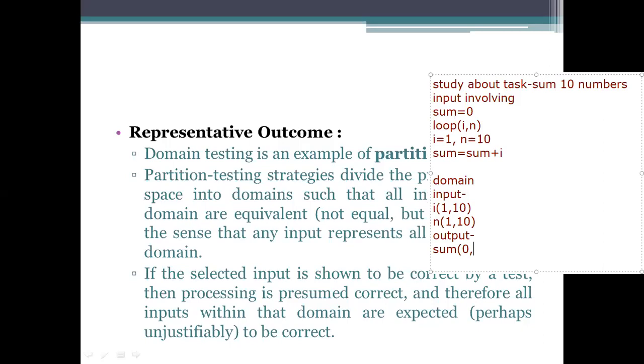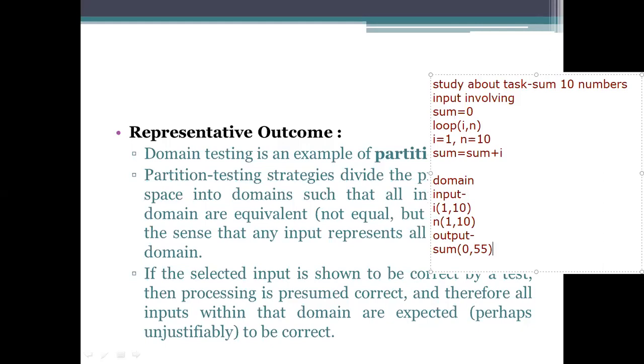But what is the final output here? The elements in that summation include values from 0 to 55. Not all the values, only some values will be included.